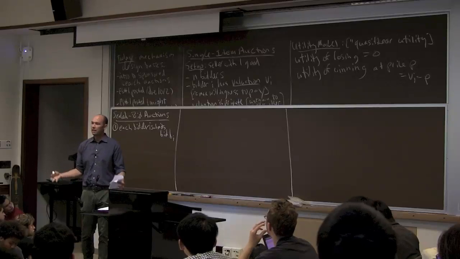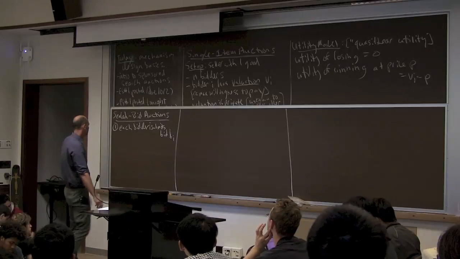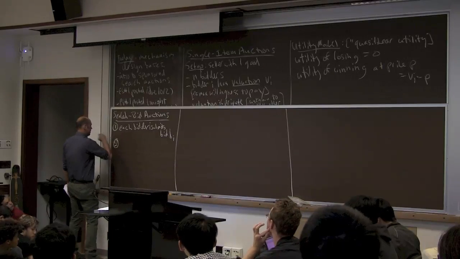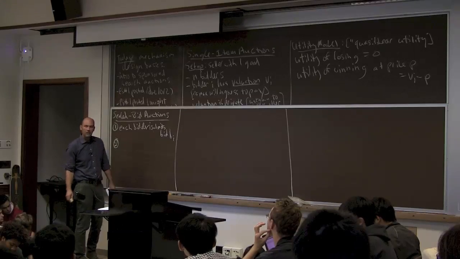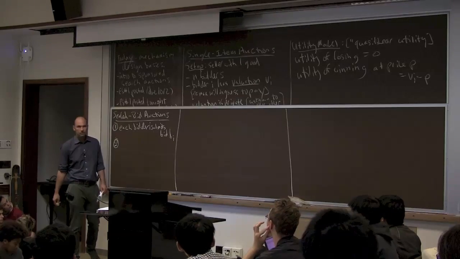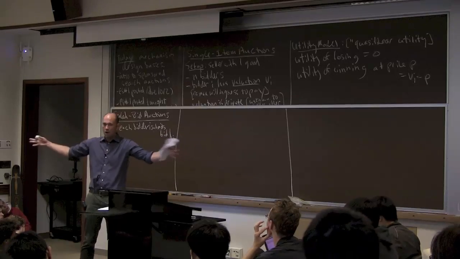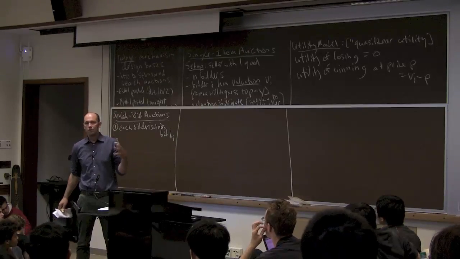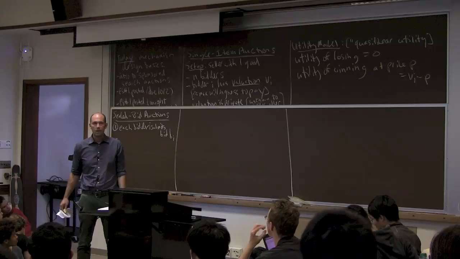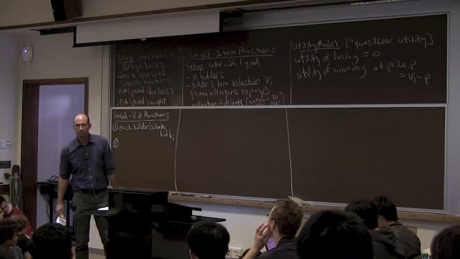Privately, in a sealed envelope if you like. Now the auctioneer or the auction designer has to make two decisions. First of all, given the bids, so now you have n bids from the people who are vying for this good, which of them gets it? Second of all, what do they pay?